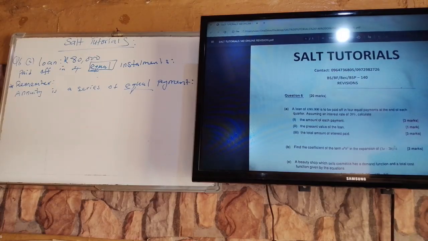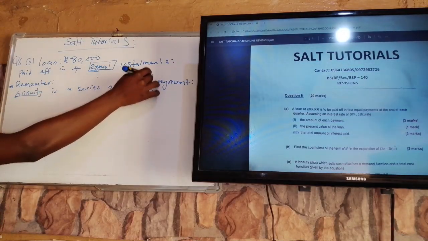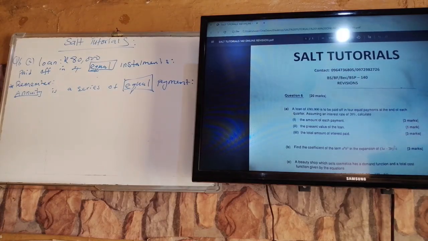Sometimes you are simply making investments. A question can tell you that you make equal deposits of maybe 3,000 every year, or 3,000 every month, 3,000 every quarter. That is still an annuity as long as equal payments are involved. So once you understand that these are equal payments, then by default remember that we're talking about the concept of annuity.